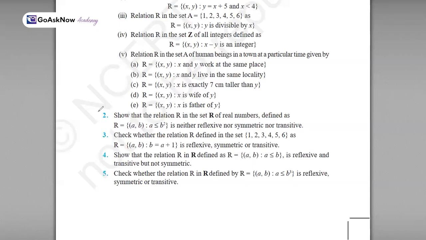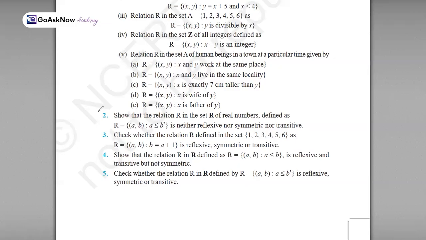So there is a relation on the set R only, that is the set of real numbers. The relation is defined as capital R is equal to the ordered pairs (a, b), where a is less than or equal to b square. I have to show that it is neither reflexive nor symmetric nor transitive.